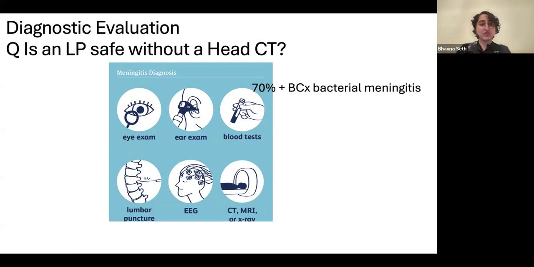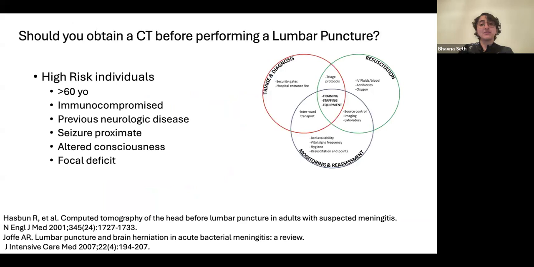So one question we often face in practice is, is it safe to perform an LP without a head CT? The concern being that if a patient has a lot of inflammation, you can have a raised intracranial pressure, and doing an LP can lead to sudden decompression and herniation. While this has been a theoretical concern, in practice we often don't wait on imaging if it is logistically challenging.